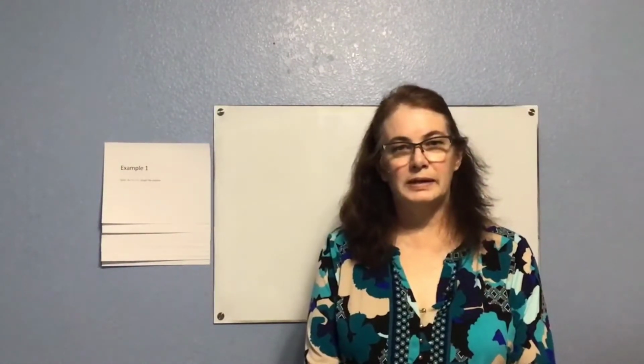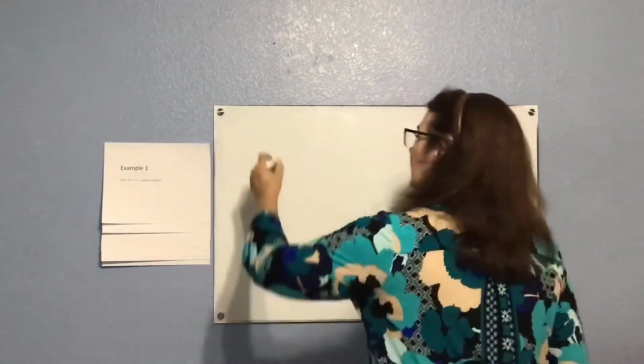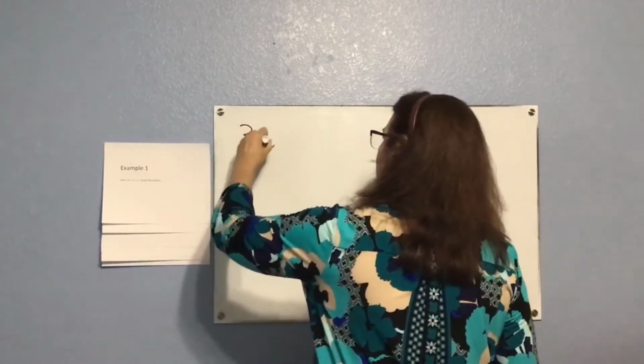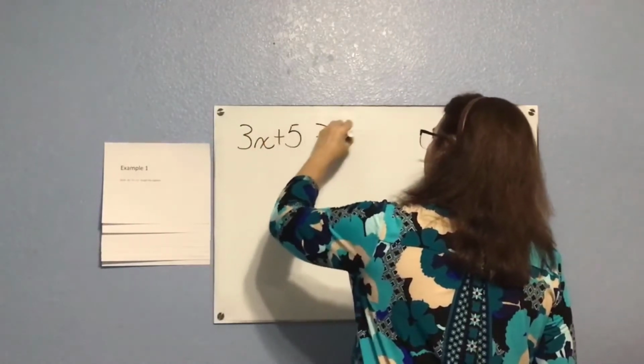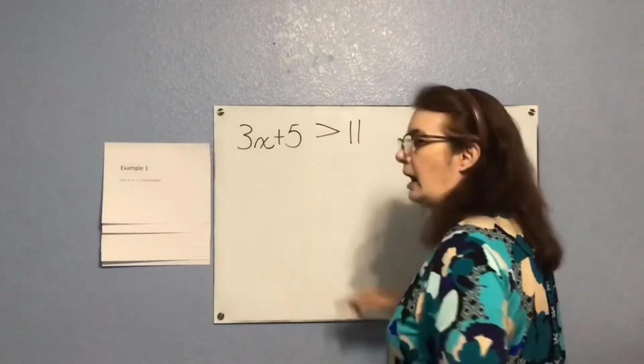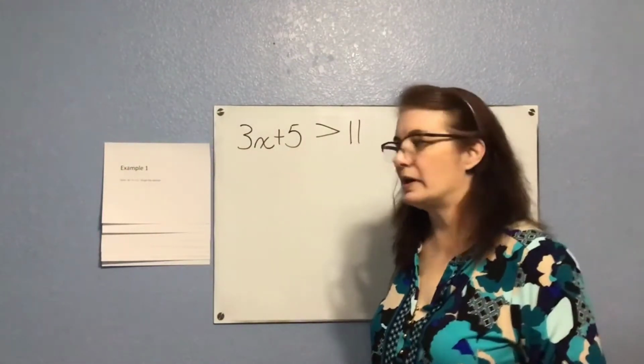Let's work a basic inequality problem. I'm going to start with 3x plus 5 is greater than 11. I'll work this inequality exactly like I would work to solve an equation.